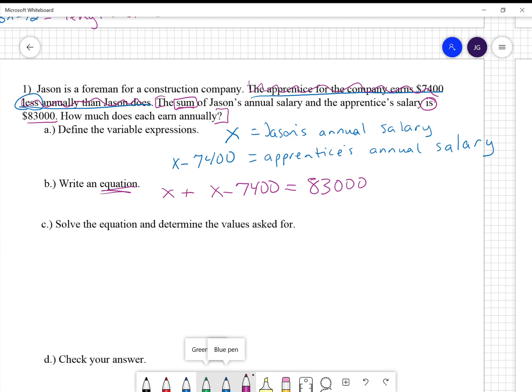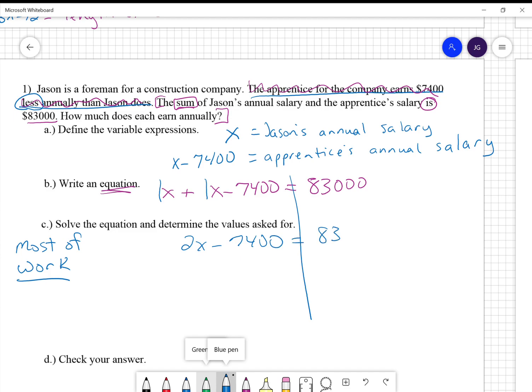Now we're going to solve. This is actually where most of your work is going to be done, is step C. Okay, so I've got my equation, combine like terms, x plus x, remember there's like an invisible 1 there, 2x minus 7,400 equals 83,000.